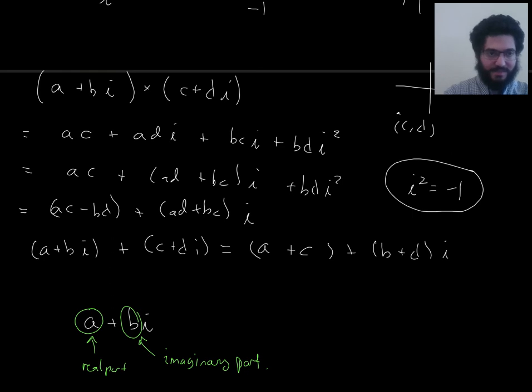Now, notice that both are real numbers. The real part of a complex number is a real number, and the imaginary part of a complex number is also a real number. The imaginary part is just called the imaginary part because it's the second component, and it's the part that's multiplied by i.